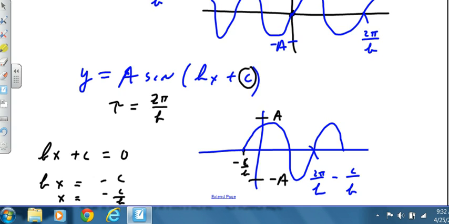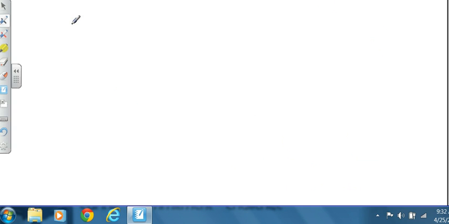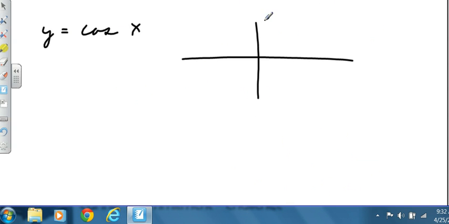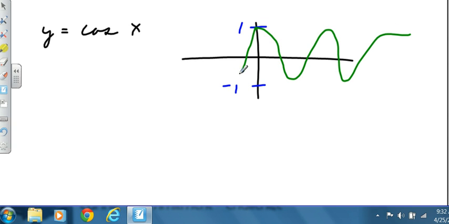Alright, now I'm going to do the same thing all over again for the cosine function. So I've got y is equal to cosine x. I can only go up to 1, I can only go down to minus 1, and I start at 1. I go down, I go up, I go down, I go up, plus and minus infinity in both directions.